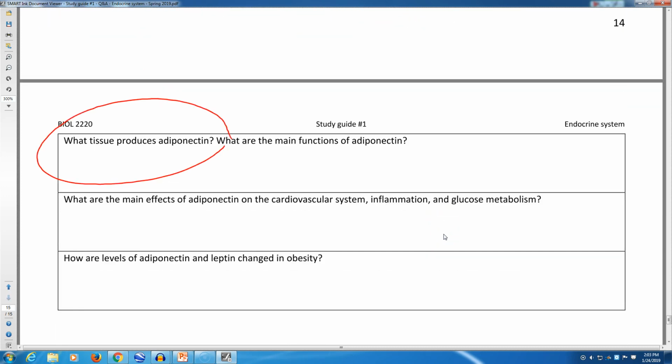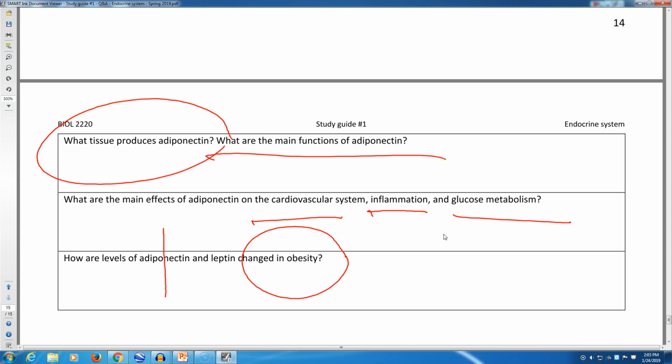Adipose tissue produces adiponectin. Main functions: anti-inflammatory, cardioprotective, regulation of the food intake, improves insulin sensitivity. In obesity, adiponectin levels are chronically down and leptin levels are up.